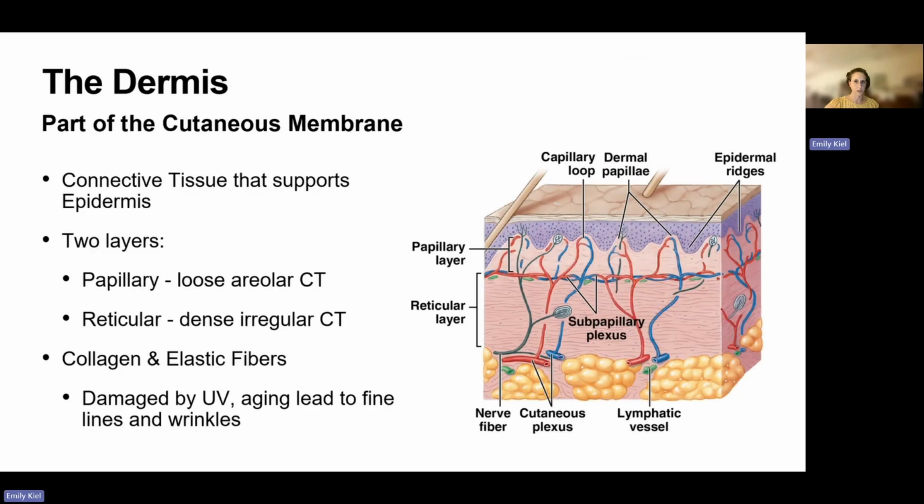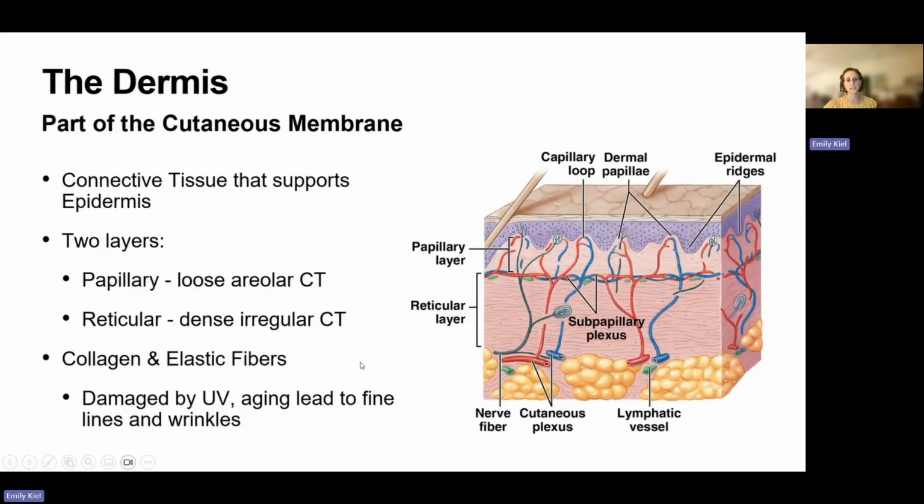So underneath the epidermis, we've got the dermis, and it's the second part of the cutaneous membrane. It is connective tissue, and there are two layers. So the papillary dermis is this more superficial layer made of loose areolar connective tissue, and your reticular layer is this lower layer that's made of dense and irregular connective tissue.